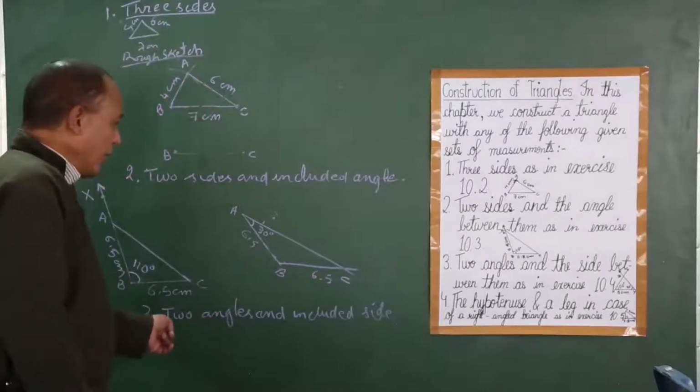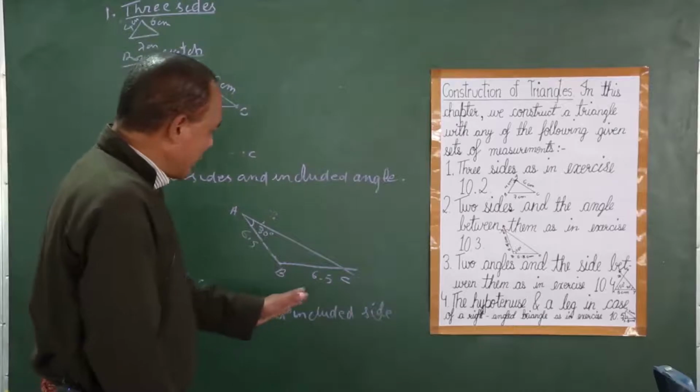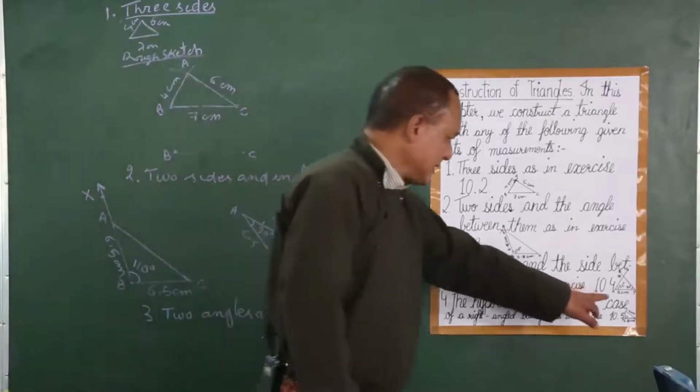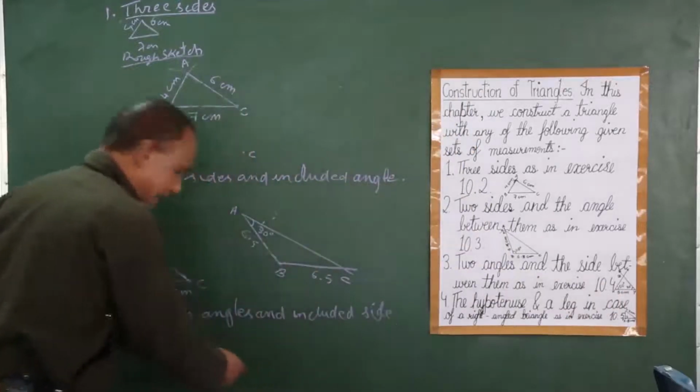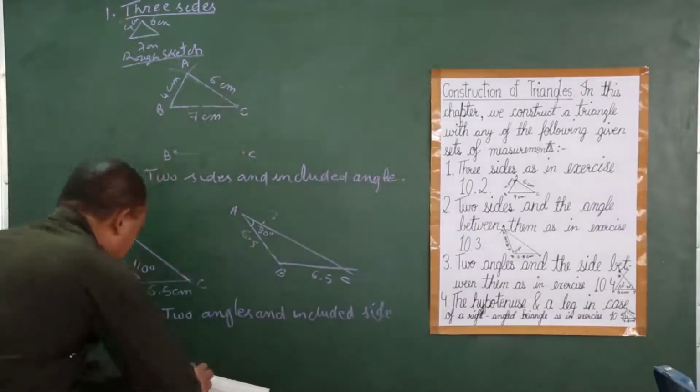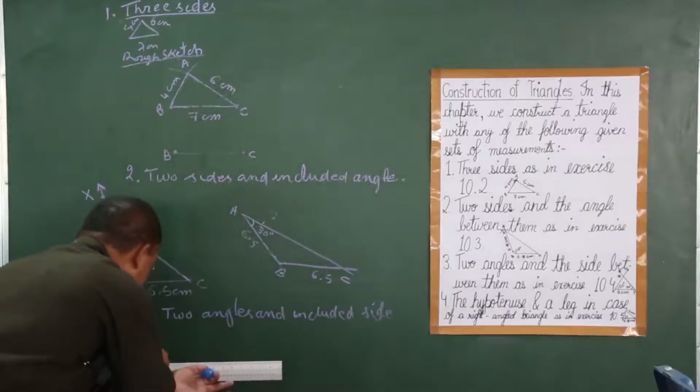So when you have this, how do you solve these types of questions? You can do the same way like this. You first draw the 5 centimeter length. Here it is 5 centimeter.